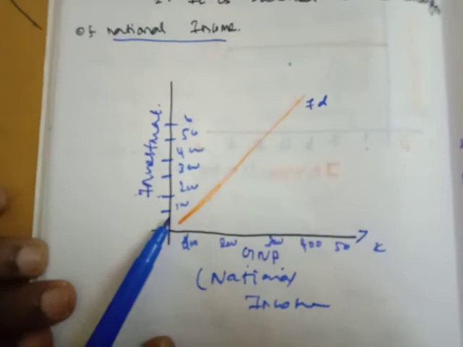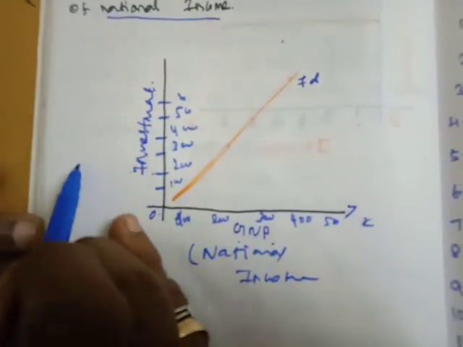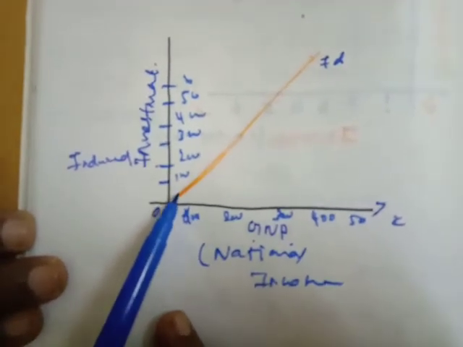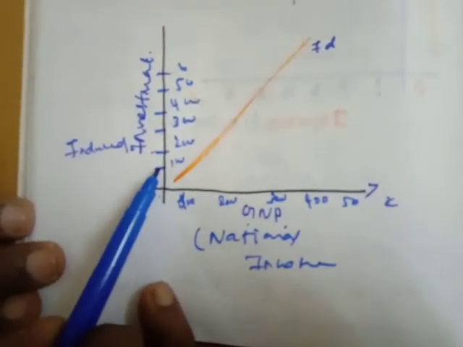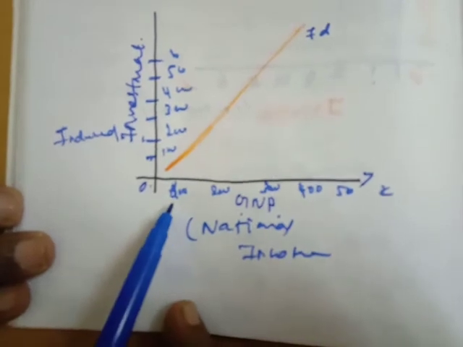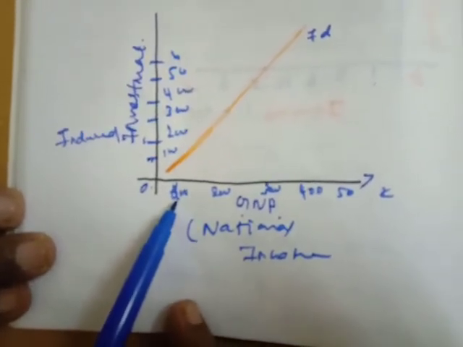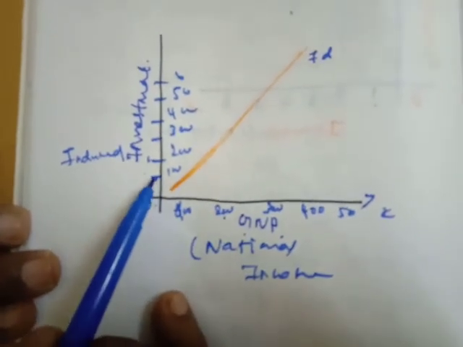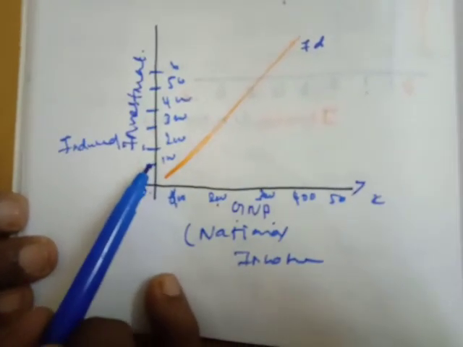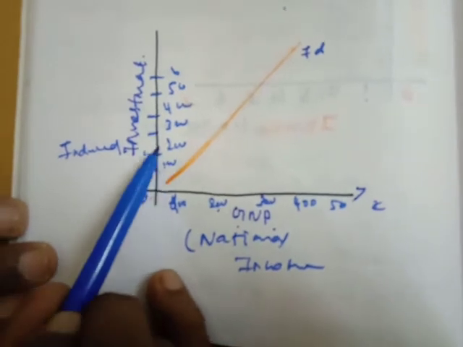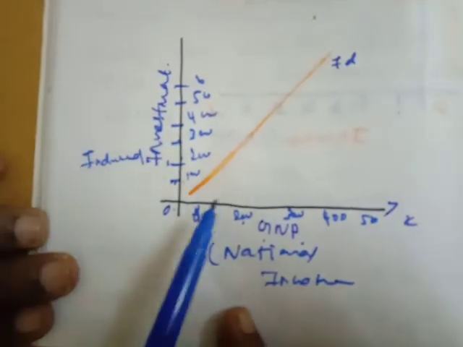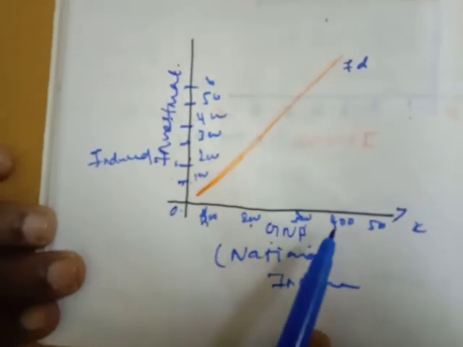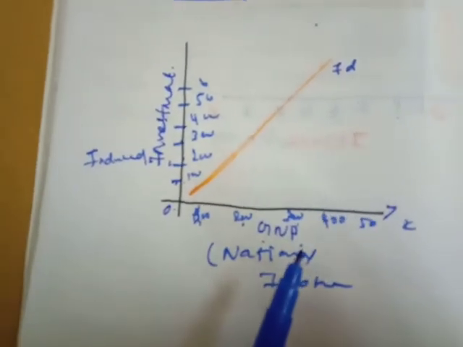If we increase the induced investment from 100 crores to 200 crores, the national income, or gross national product, also increases from 100 crores to 200 crores. When we increase induced investment from 100, 200, 300, 400, 500 and above, our national income also increases: 100 crore, 200, 300, 400, 500 and so on.